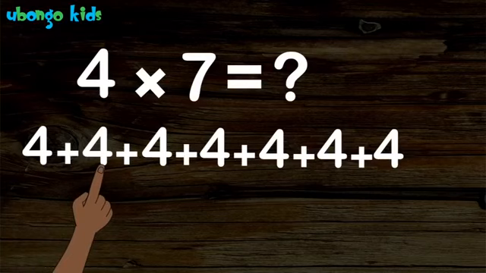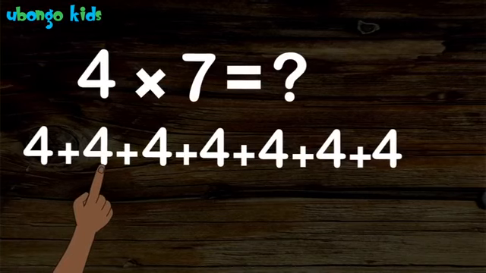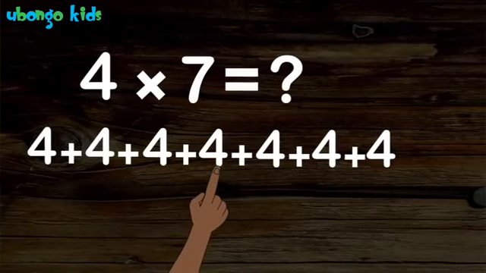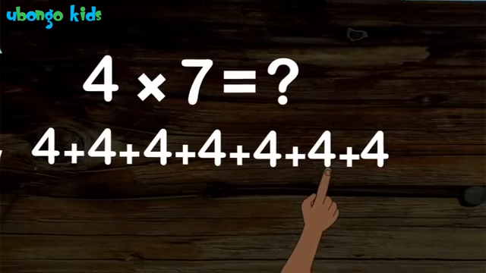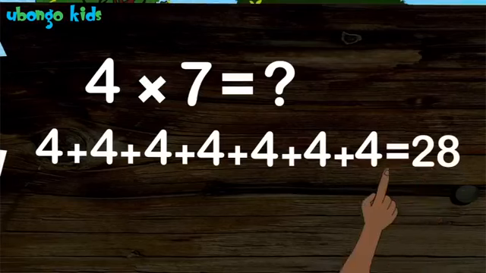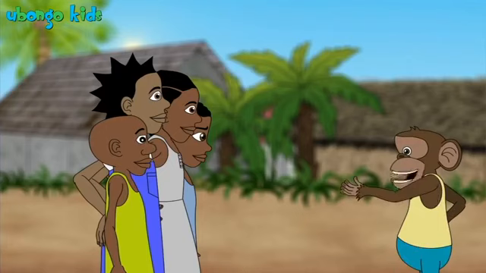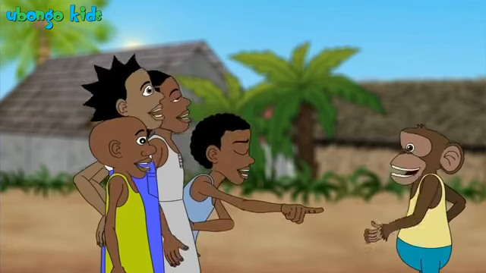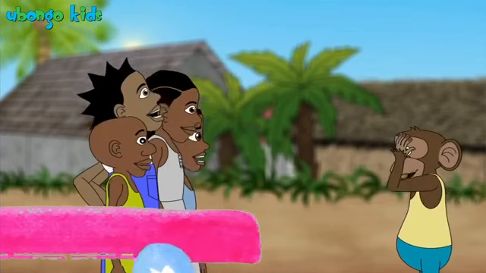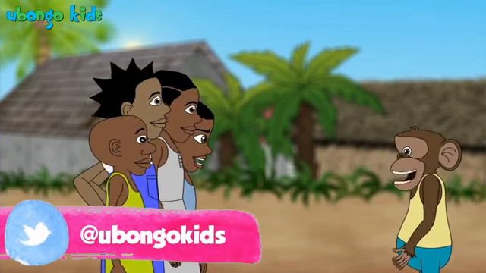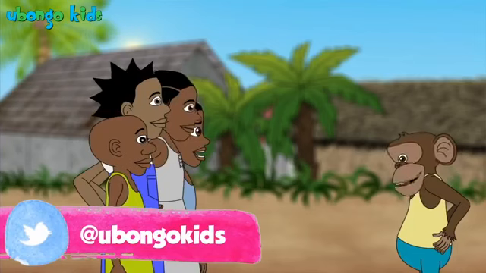And then you keep adding. 12, 16, 20, 24, 28. 28! We said we can get there. Woo! You tricky kids. You use math to win, huh? Wow! That's impressive. Okay, you're smarter than me.